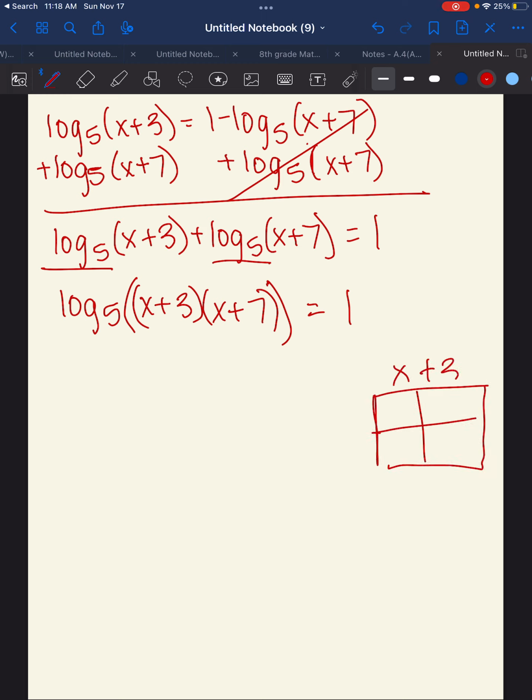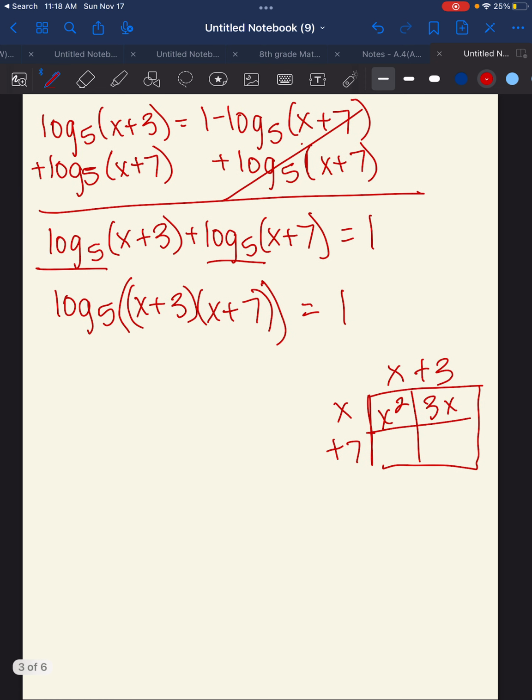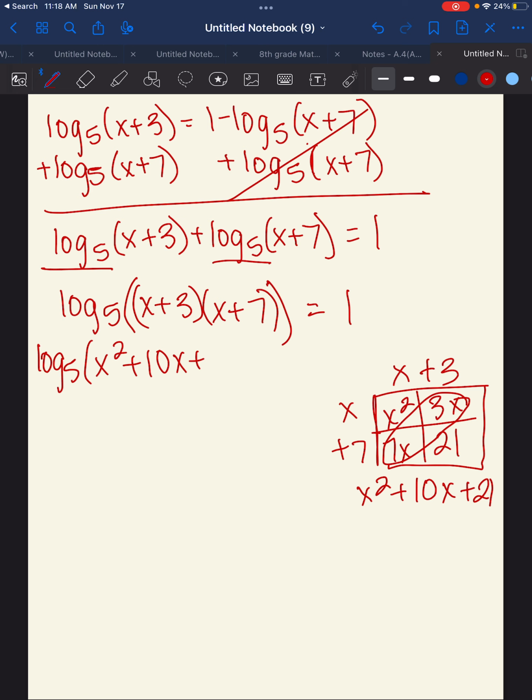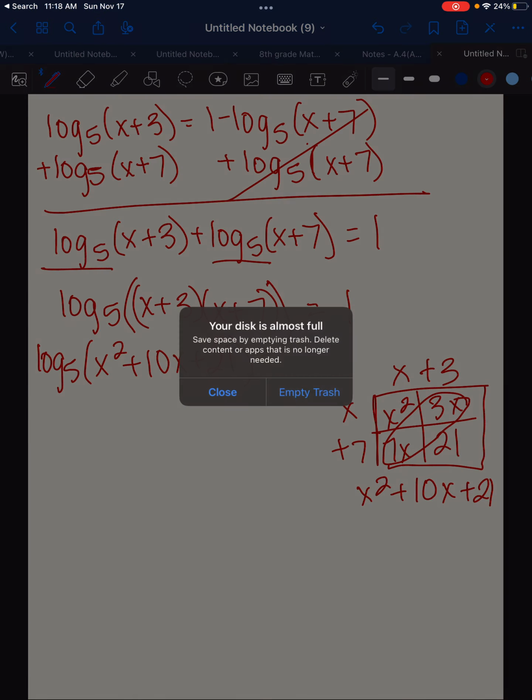I showed you how to do this in class, so you should be familiar with how to multiply polynomials. That ends up getting me x squared plus 10x plus 21, because these are the only like terms that can combine together. I get log base 5 of x squared plus 10x plus 21 equals 1.